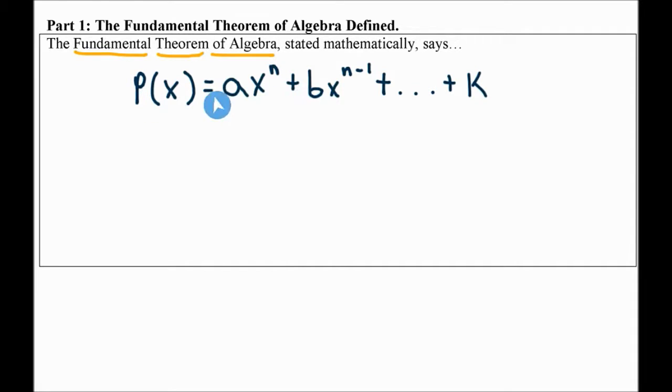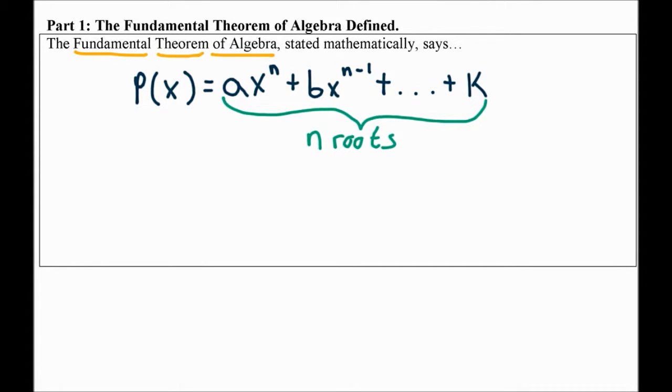But what the fundamental theorem of algebra says is that this expression, any polynomial in general, will have n roots. Okay, n roots. So here's my n, which is going to be the highest degree or the highest exponent that I have in whatever polynomial this is. And the fundamental theorem of algebra says that this polynomial, whatever it is, will have n roots.